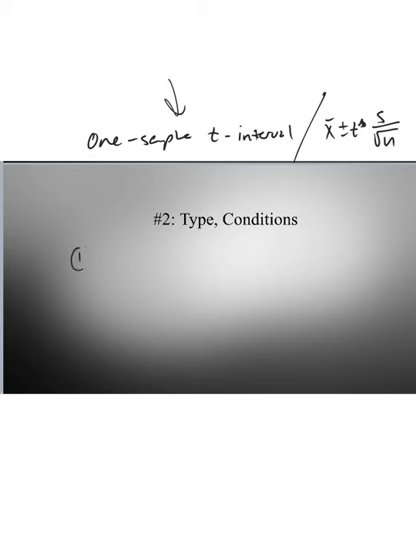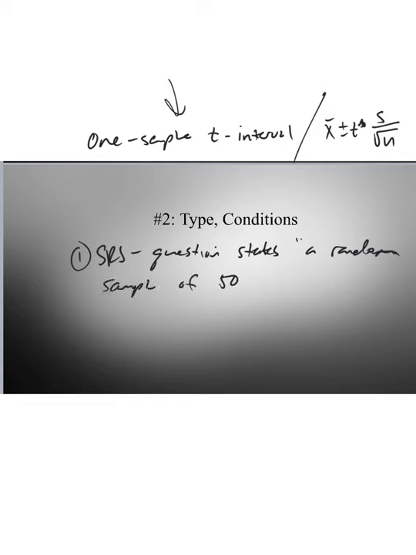In terms of conditions, the first one is a random sample. In order to verify this, you would just note the question states, quote, "a random sample of 50 MHS students."